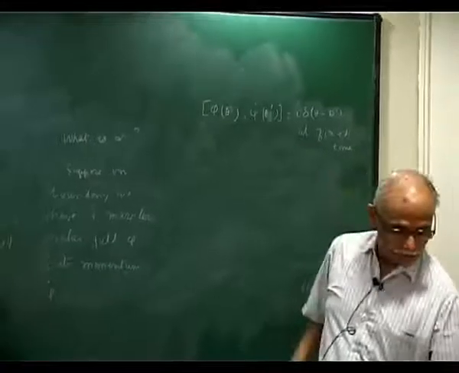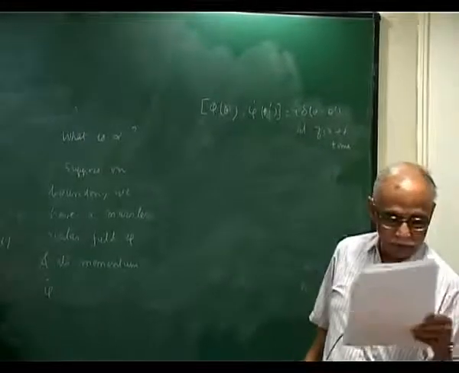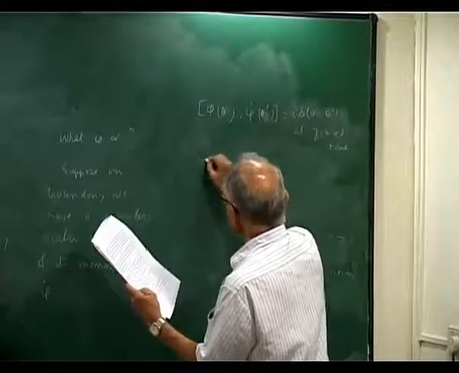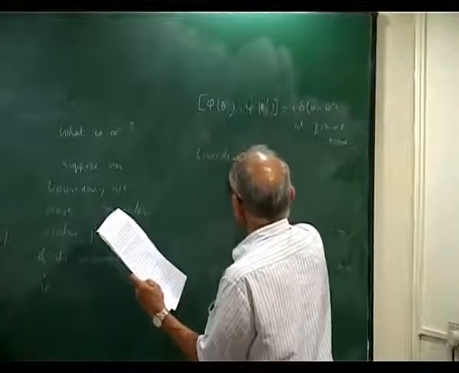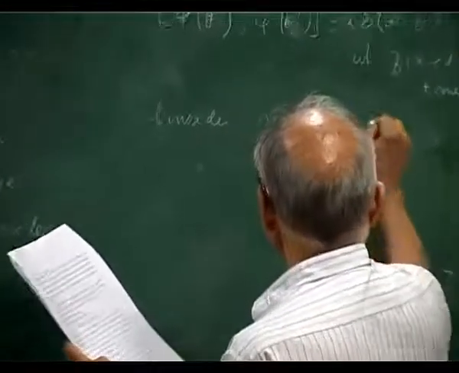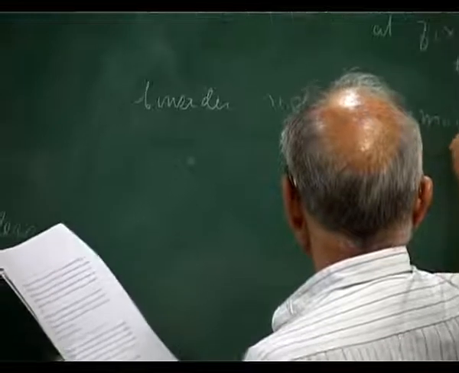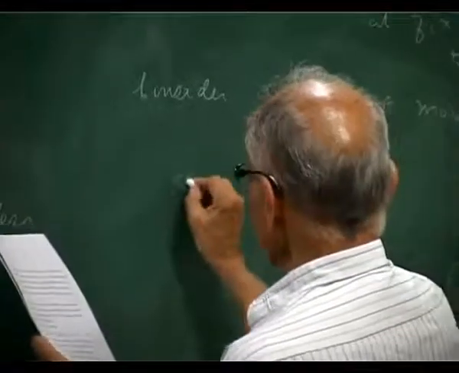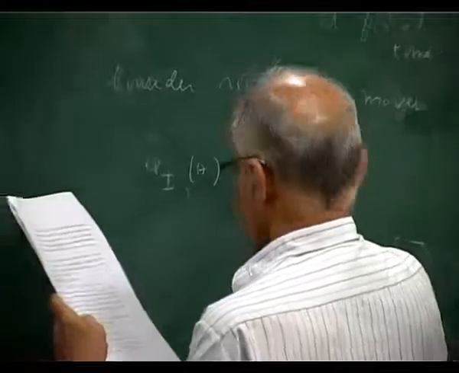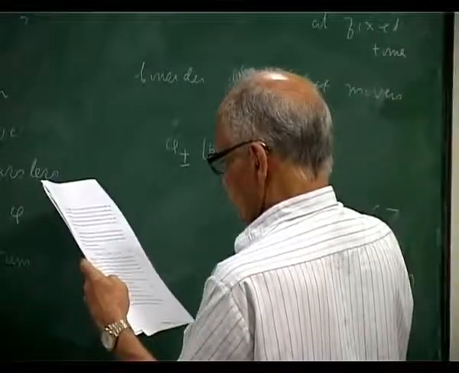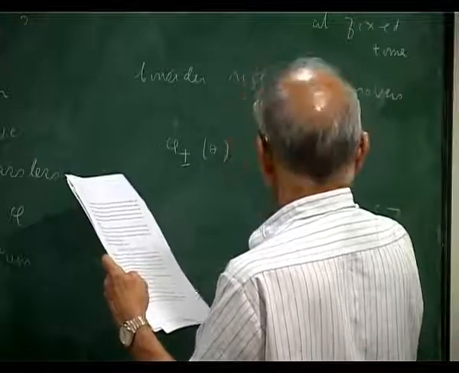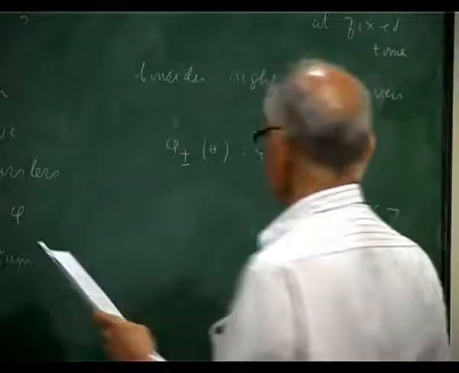Now let me consider right or left movers. I'll write phi plus minus of theta, which is phi dot plus or minus phi prime of theta.